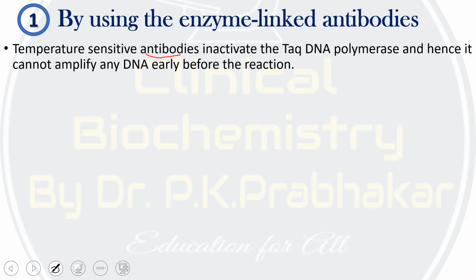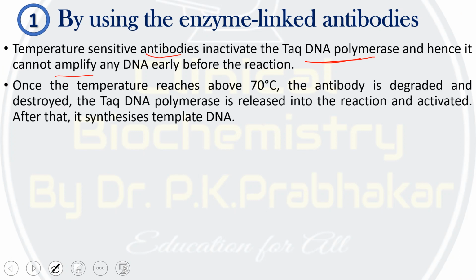The temperature-sensitive antibody inactivates the DNA polymerase because the antibody binds with it. Once the temperature reaches above 70, 80, or 90 degrees, this antibody, which is a protein, is degraded, and Taq DNA polymerase becomes free and then performs the complete reactions.